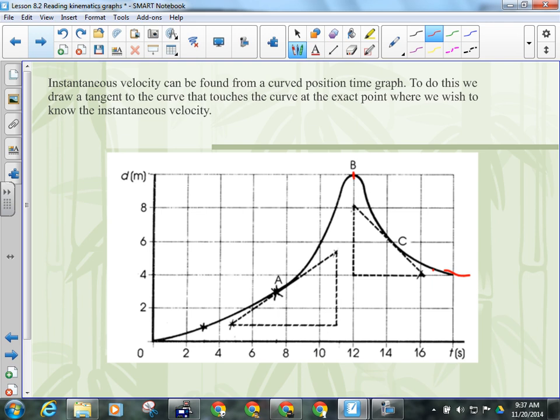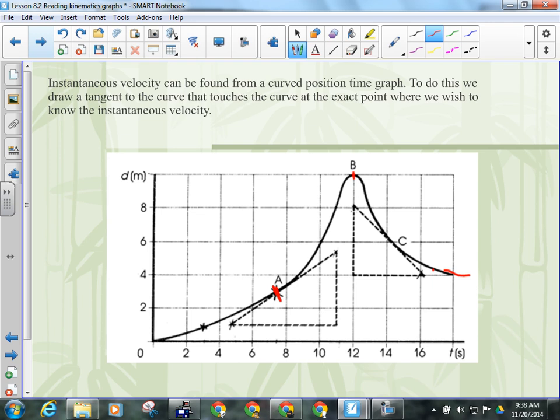A curve is an infinitely large number of infinitely small straight lines, all getting steeper and steeper, or shallower and shallower, as the case may be. So what I want to do is find the slope of the infinitely small straight line that exists at point A. The way I do that is I draw a tangent that touches the curve there.